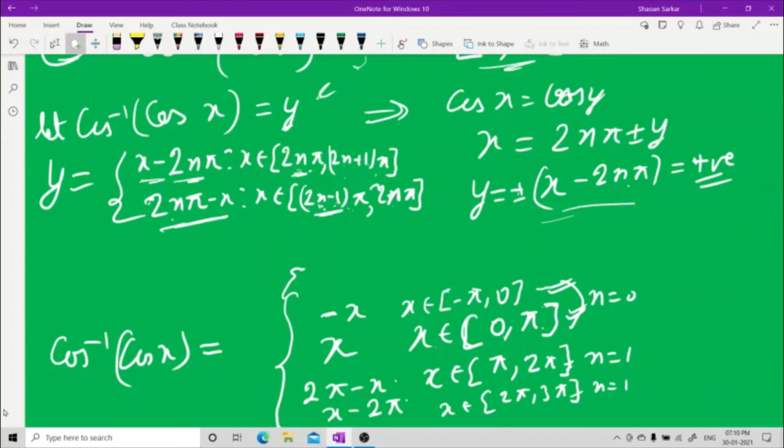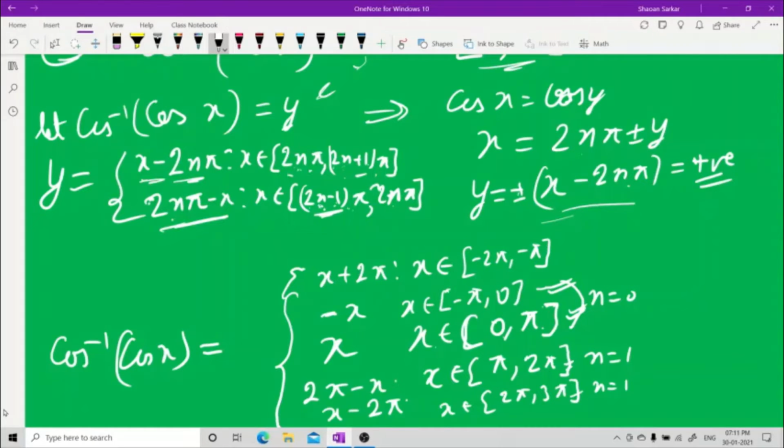For n equal to minus 1, this one will give me minus pi, minus 2 pi, and this will give me minus pi, versus minus 2 plus 1, minus pi. And this side taking n equal to minus 1, I will get x plus 2 pi such that x belongs to minus 2 pi to minus pi.